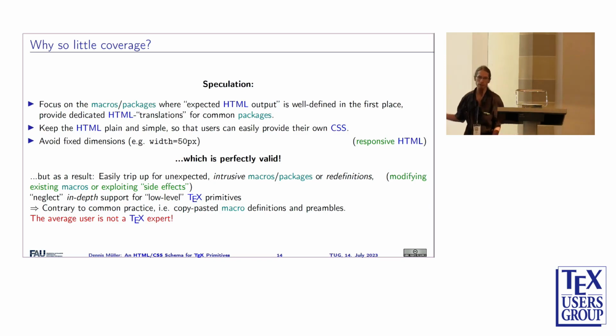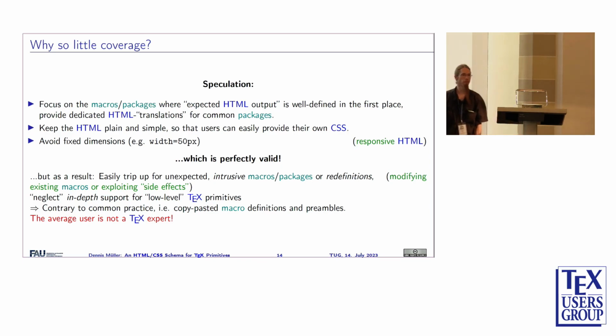So they focus on those kinds of macros and packages where there is a clear notion of what the expected HTML output even is. They try to keep the HTML plain and simple so that you can customize it yourself. And that's all perfectly valid.